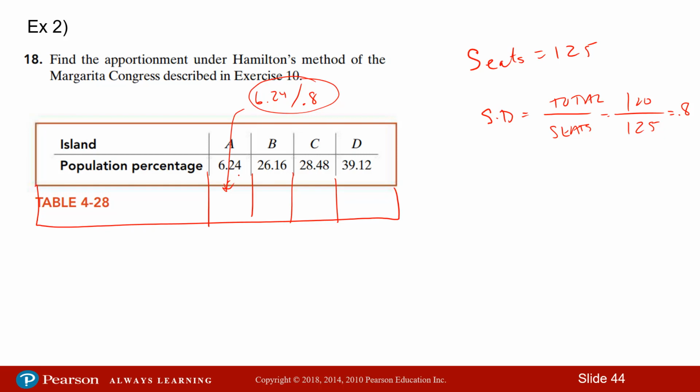Everybody okay with 7.8? Is that what you guys got? Just checking here. 7.8, exactly. Sweet. Okay, next one. 26.16 divided by 0.8. So each one of these. 32.7. Okay. 28.48 divided by 0.8. 35.6.